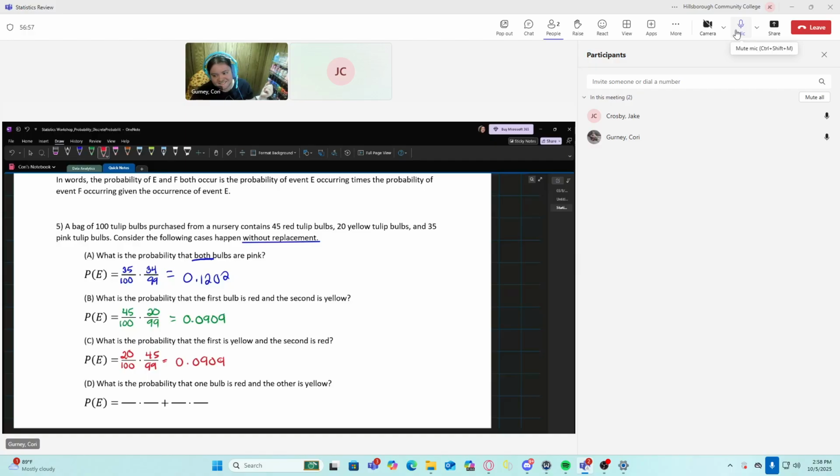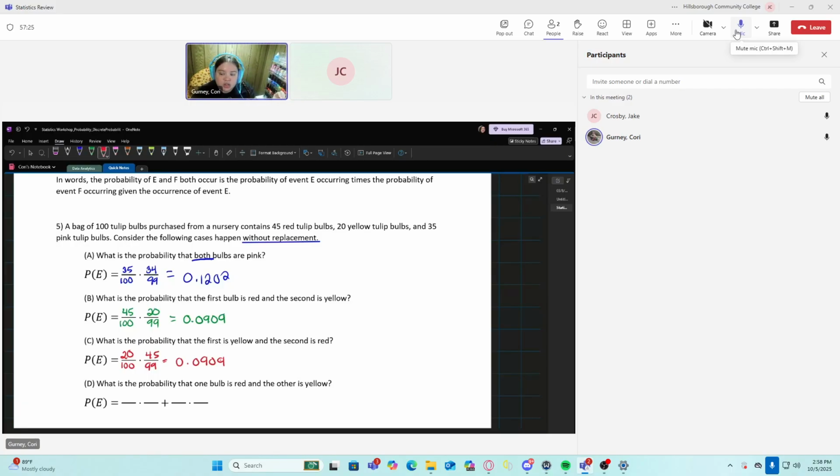So this is happening because the probabilities are still the same. They're kind of equaling each other out, essentially. So in these two examples, order doesn't matter because we are multiplying.